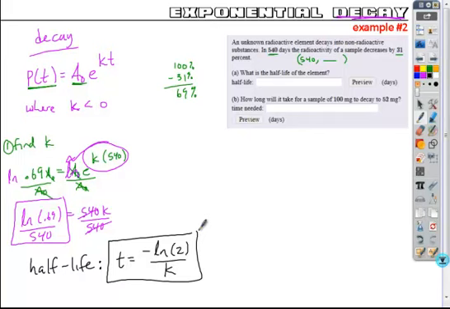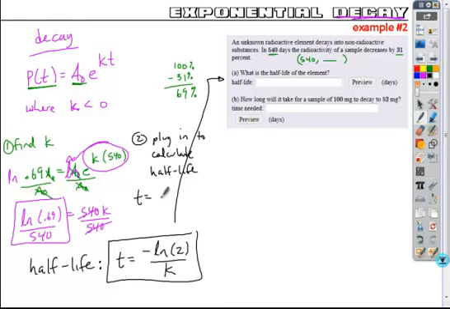And so this is the equation to calculate half-life. Okay, so in order to answer this question right here, after we find our k value, we're going to calculate the half-life. And we'll use this equation right here.